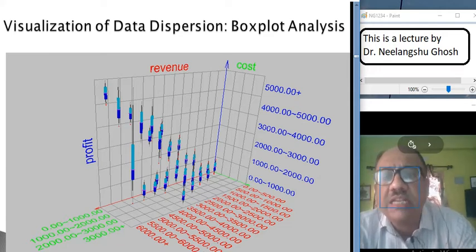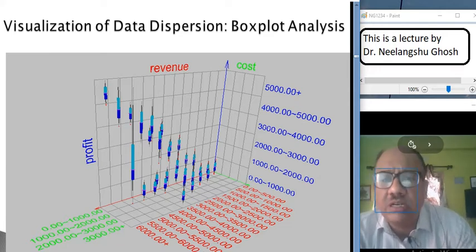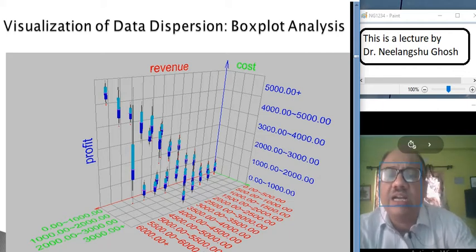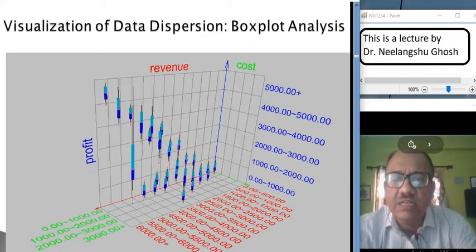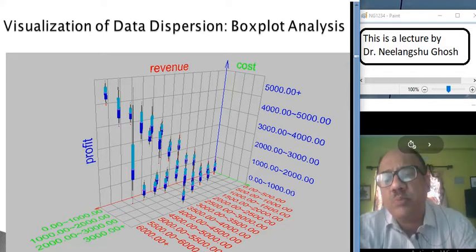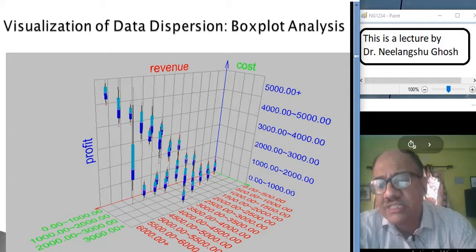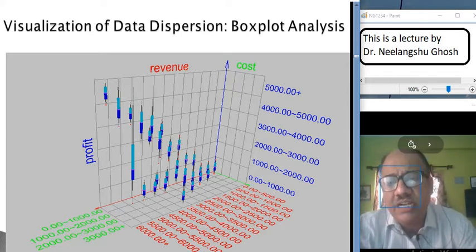So this is an example of three dimensions, where revenue, profit, and cost are given in three different axes, x, y, and z, and all the values are represented as cost, revenue, and profit. All of them are shown in the same box plot. The green color is the cost, red color is the revenue, and blue color is the profit.